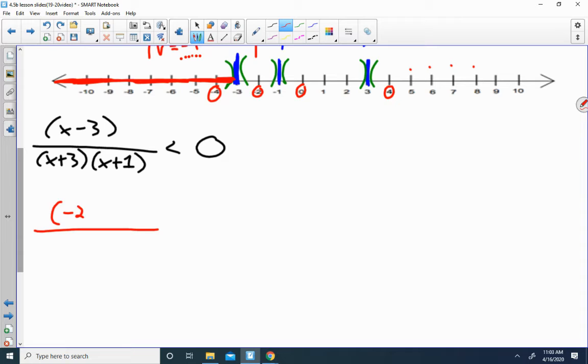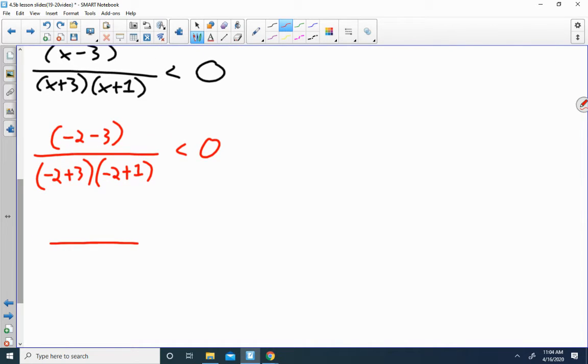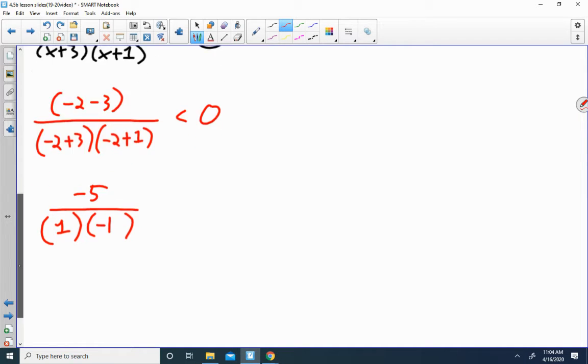So, -2 minus 3 all over -2 plus 3, -2 plus 1, all less than 0. On top, -2 minus 3 will give you -5. On bottom, -2 plus 3 is 1. And then -2 plus 1 will give you -1.